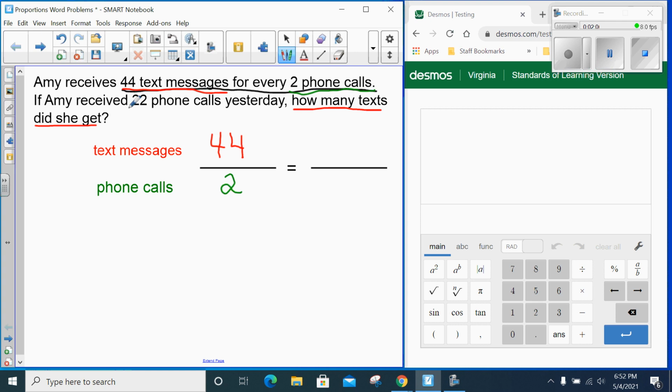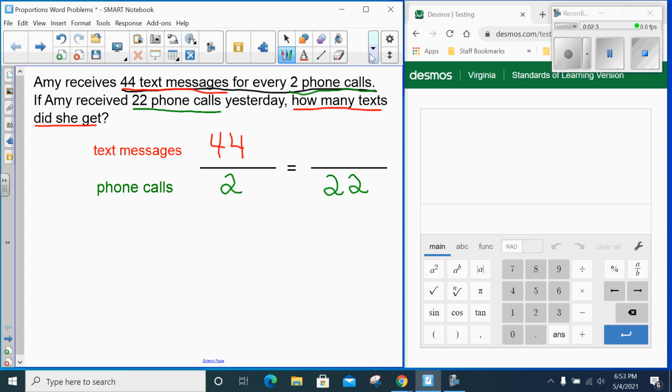We also know that Amy received 22 phone calls yesterday, and we want to use that information to figure out how many texts she would have gotten yesterday. So because this 22 represents the number of phone calls, I'm going to write 22 down below because you always want to make sure that you're lining up your numbers with the correct label. So because this is talking about phone calls, it will go in the bottom.